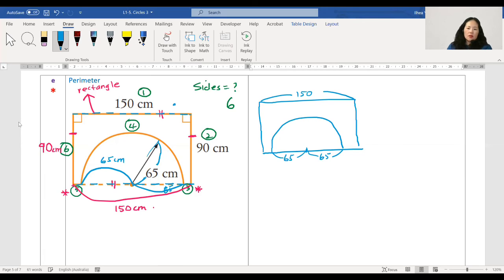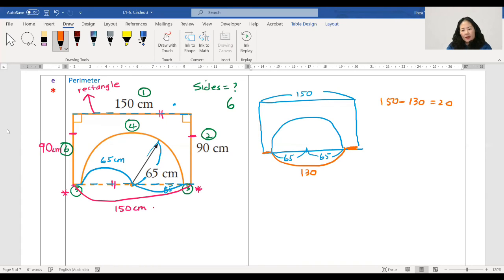So if I add this together from here to all the way here, which is 65 plus 65, which is 130. So if I want to find out what this part and this part is, all I need is 150 take away 130, which is 20.